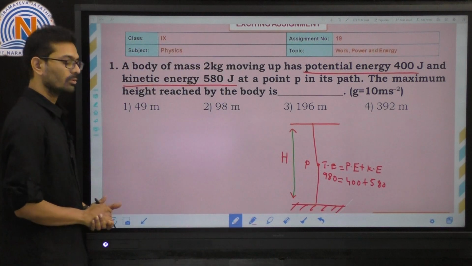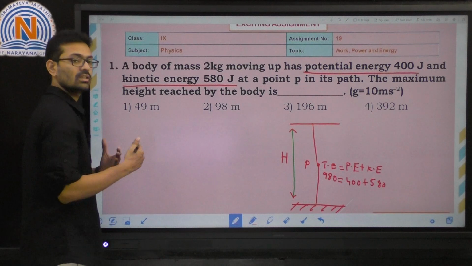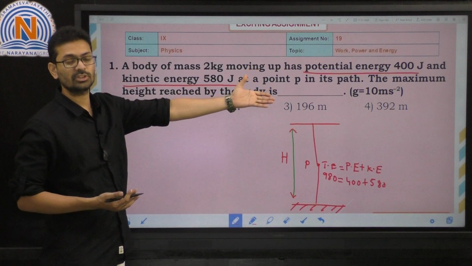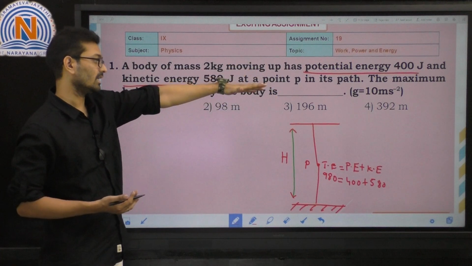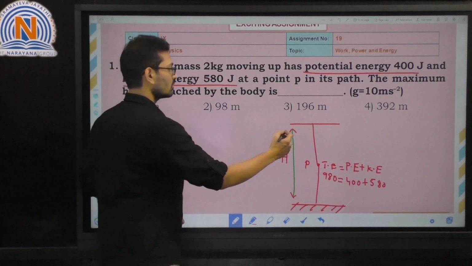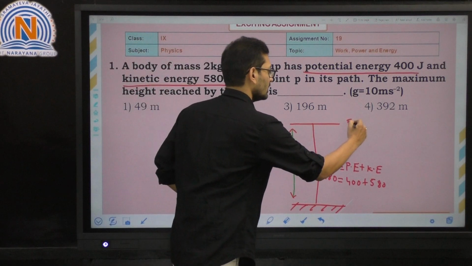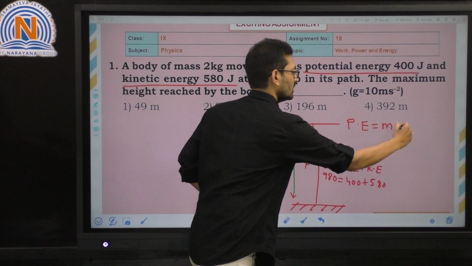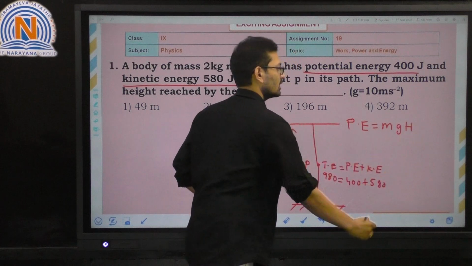Now when it reaches the maximum height capital H, the kinetic energy is going to be 0 because the velocity is going to be 0. At that situation the potential energy is PE equals mgH, right?